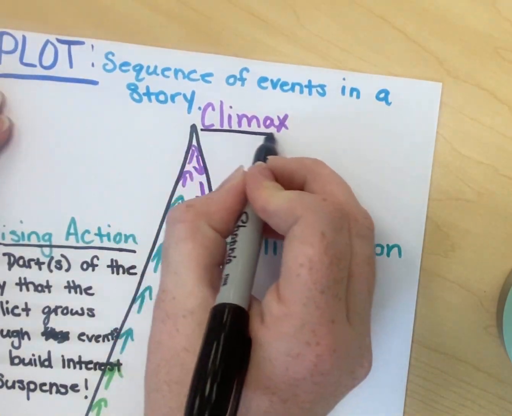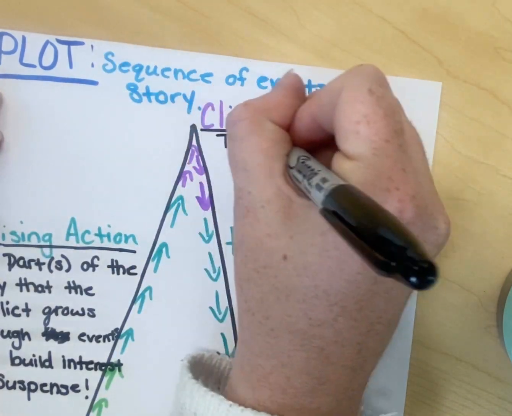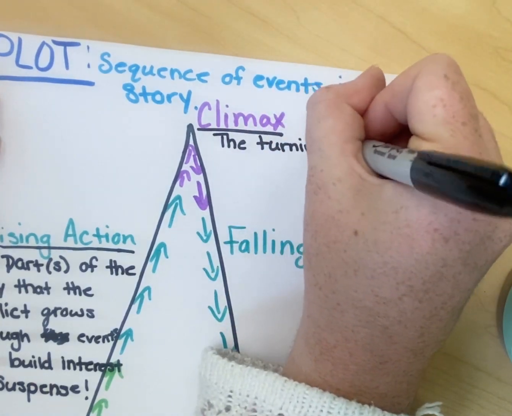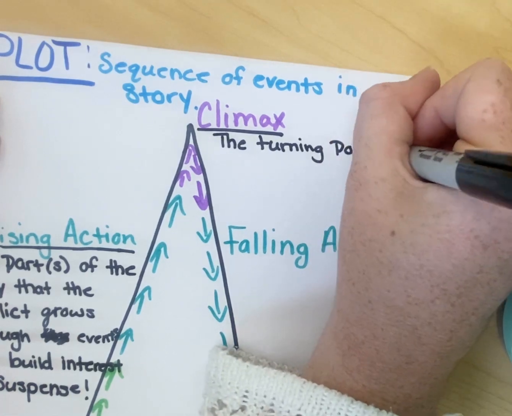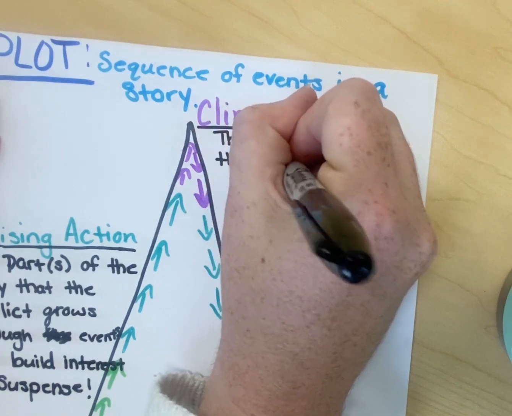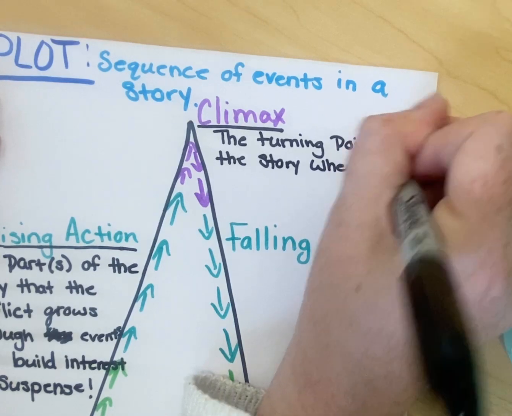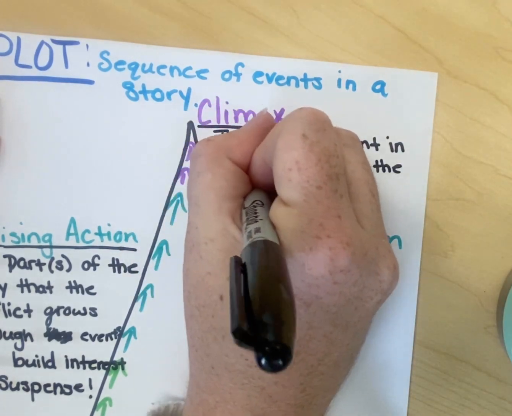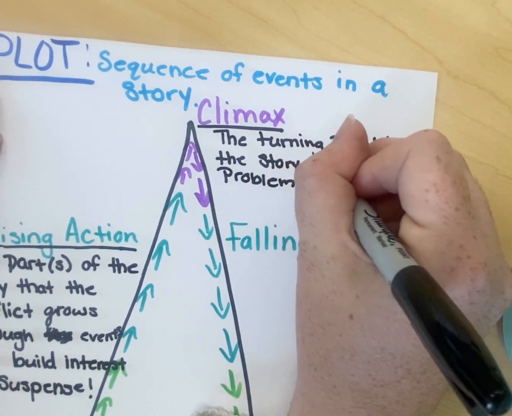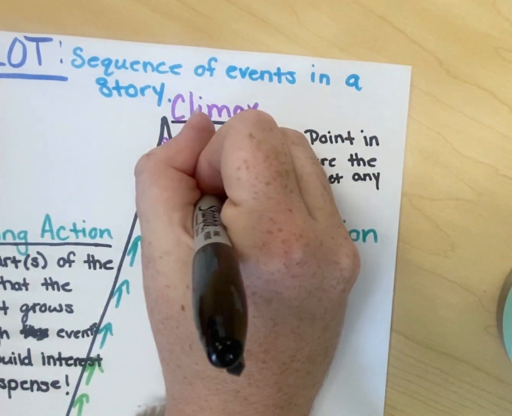All right, next is climax. So what does climax mean? So climax is the turning point in the story where the problem can't get any worse.